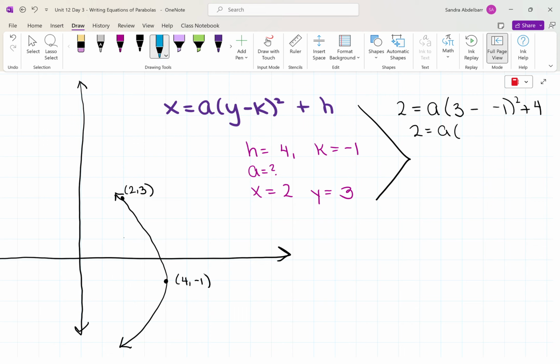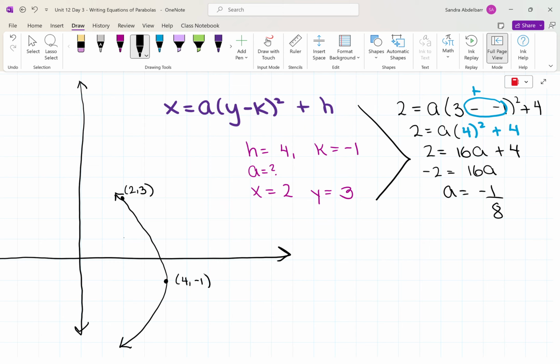So we have 2 is equal to a times, doesn't that double negative make a positive? So we are 4 squared plus 4. So let's keep going. We have 2 is equal to 16a plus 4. Now we solve. I'm going to subtract 4 from both sides, so I have -2 is equal to 16a. So a will equal -1/8.